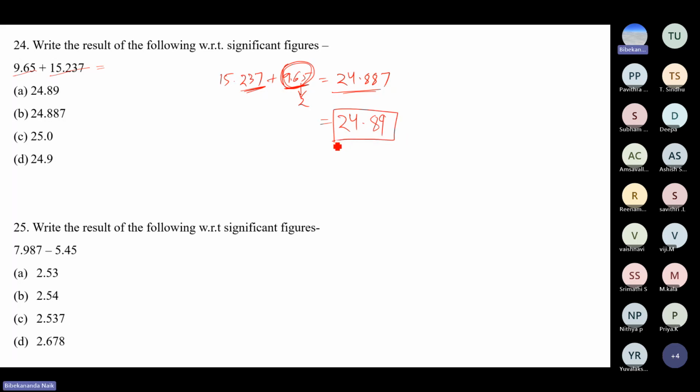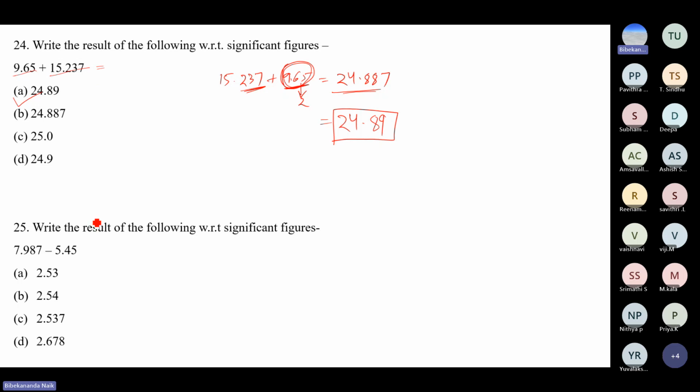So 24.89 will be the answer, because the result should be correct up to two decimal places. So this 24.89 will be the correct answer.